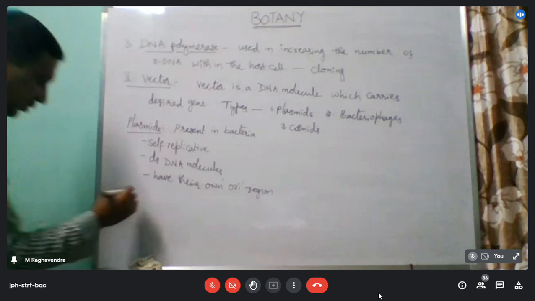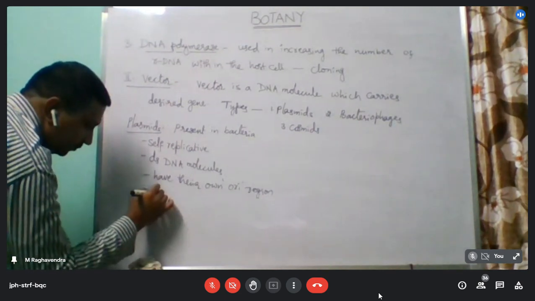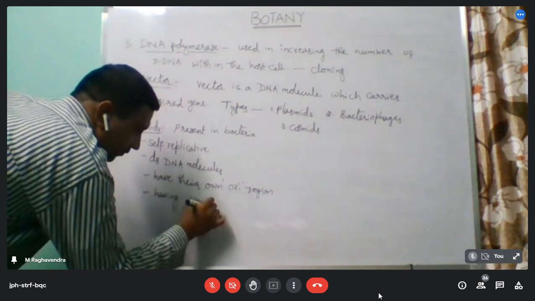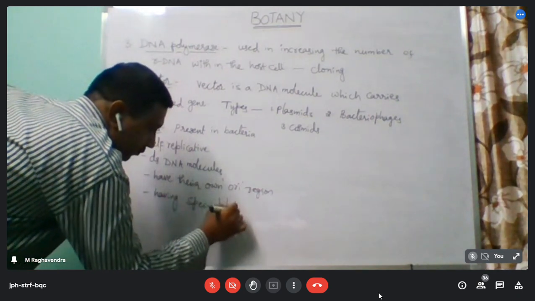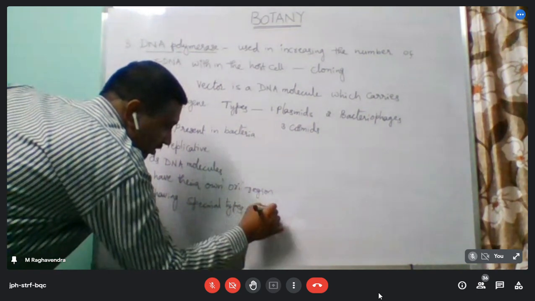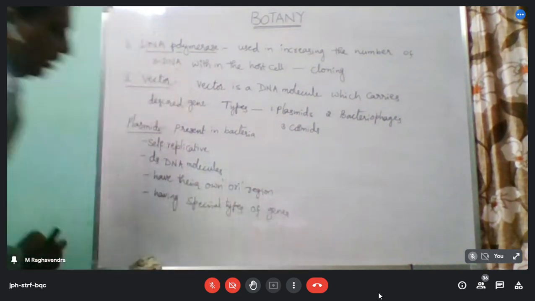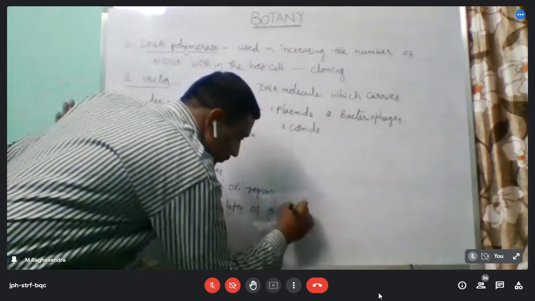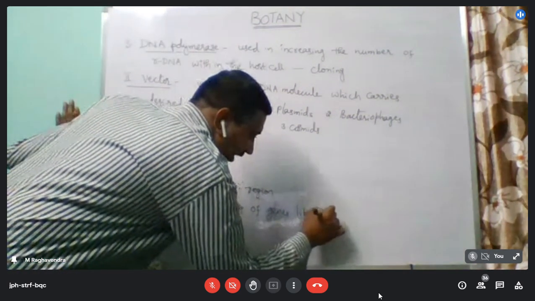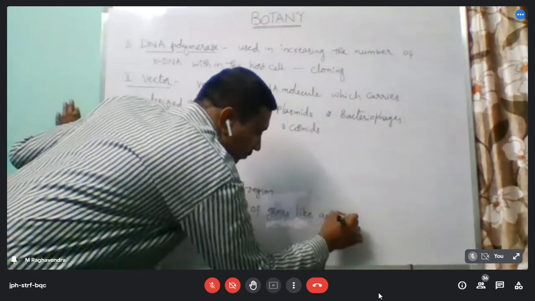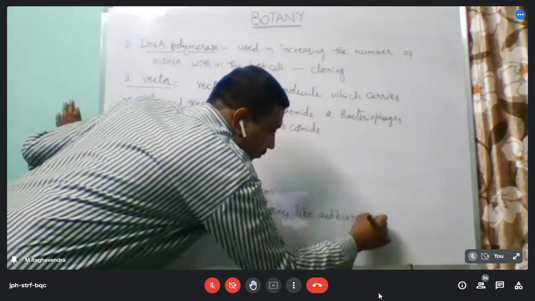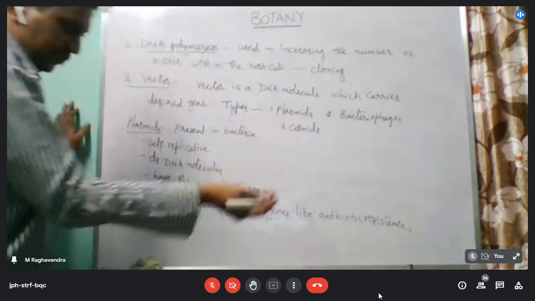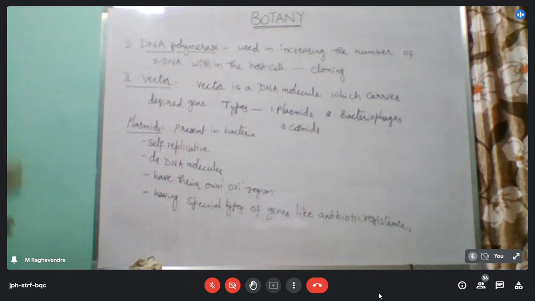And plasmids have special types of genes, like antibiotic resistance, sexual reproduction, and so on.